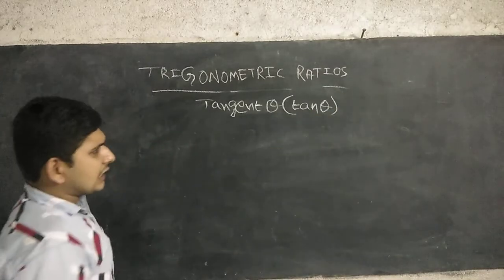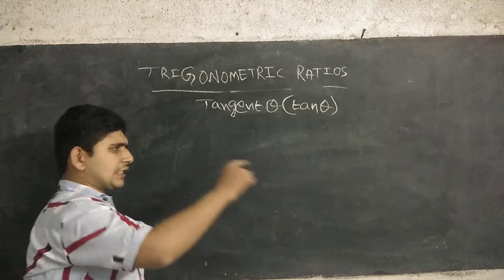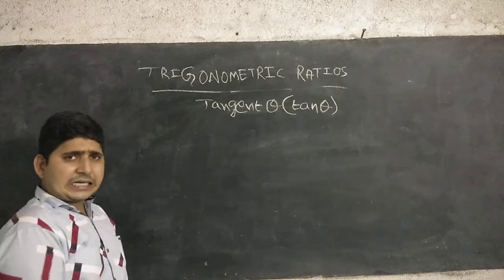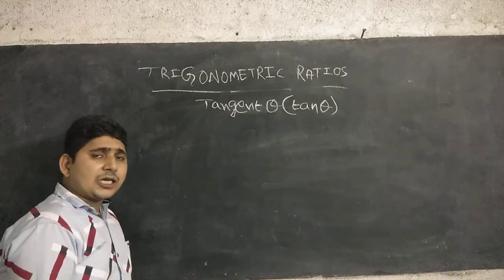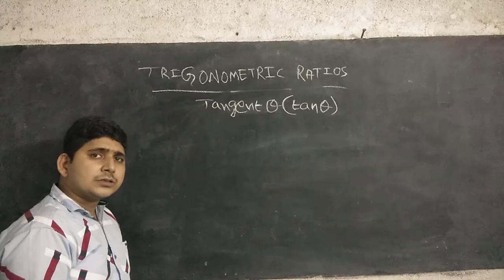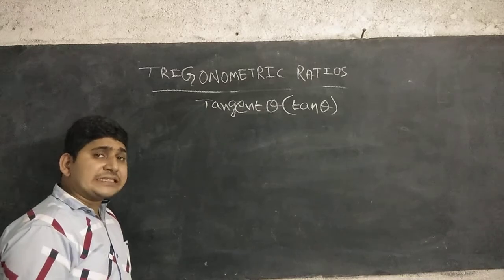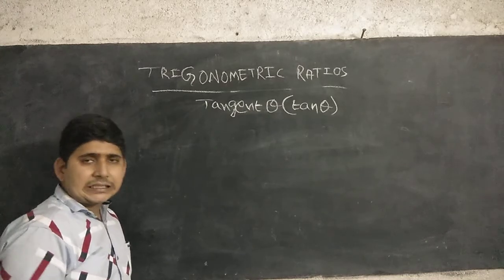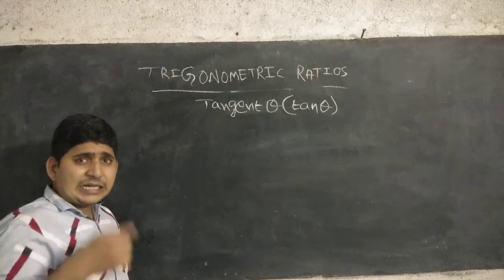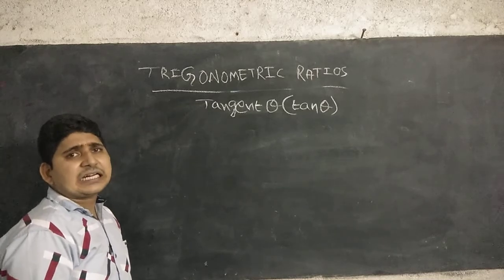The tangent theta, also known as tan theta, is defined as the ratio of the opposite side of angle theta to its adjacent side of angle theta.